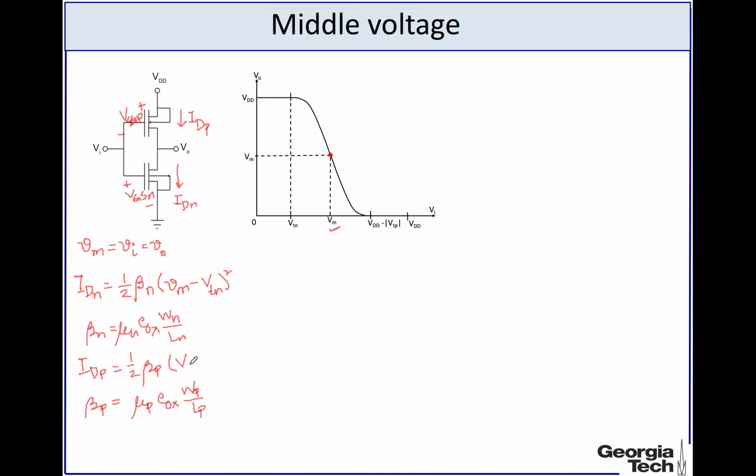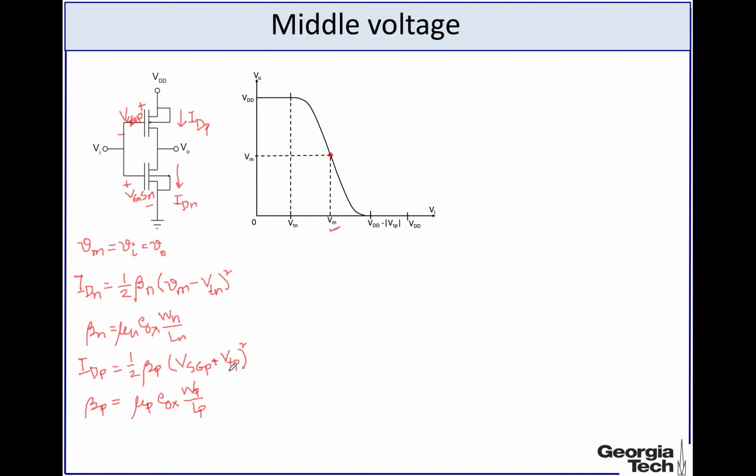This is a little different from the N MOSFET, where we write VGS minus VTN; for the P MOSFET we write VSG plus VTP.